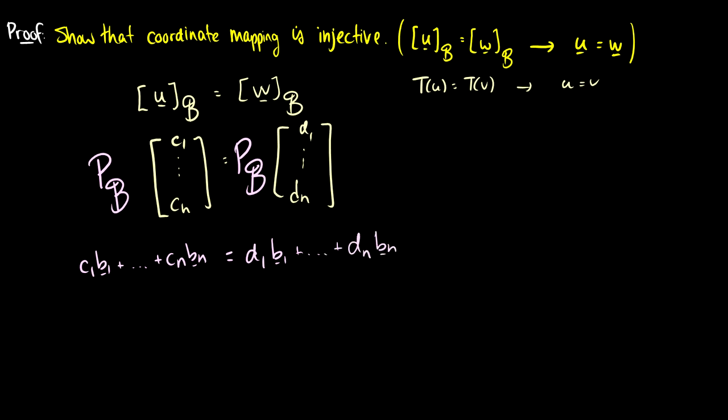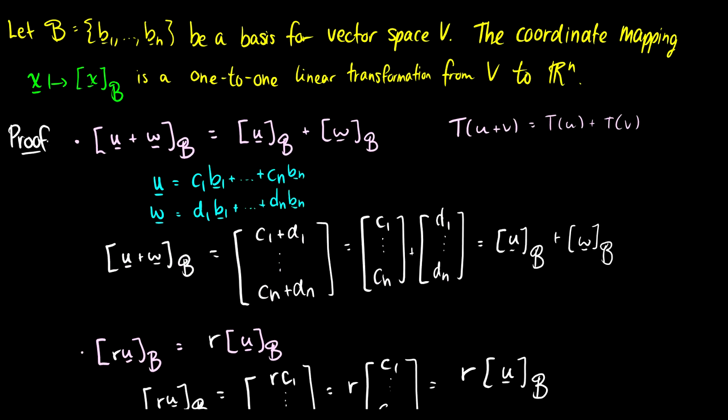At this point, on the left side, c1b1 all the way up to cnbn, that's just the vector u. And d1b1 all the way up to dnbn, well, that's just the vector w. So we've proven that if we have u and w with respect to B equal, that's just going to give us u equal to w with respect to the standard basis. Okay, so we've proven that the coordinate mapping is a one-to-one linear transformation from V to R^n.